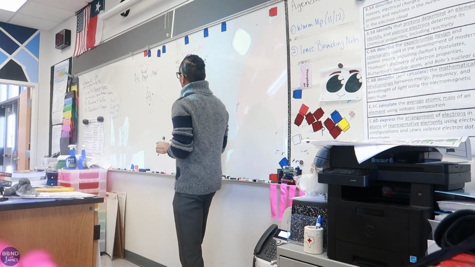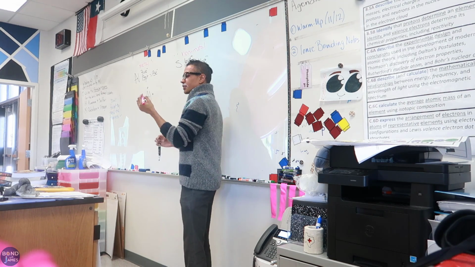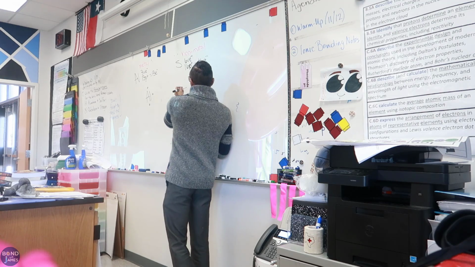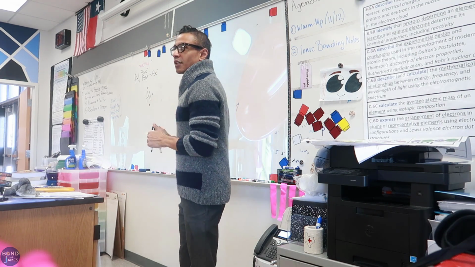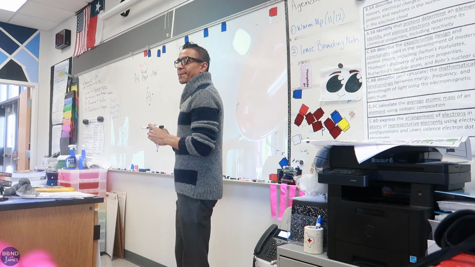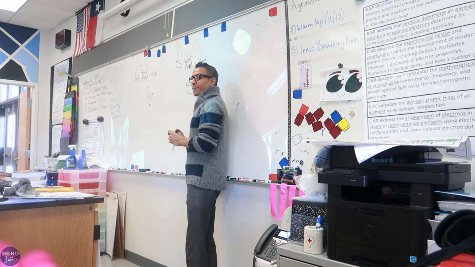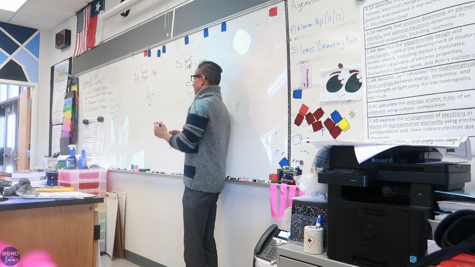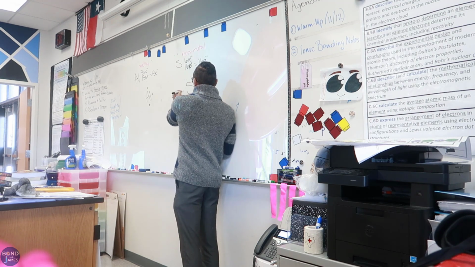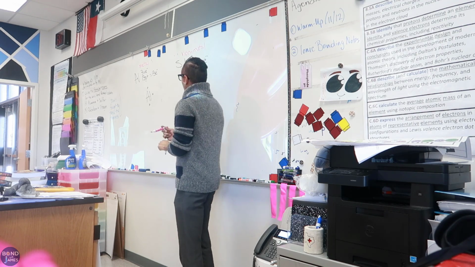Okay, so sulfur. How am I going to represent the valence electrons for sulfur on the Lewis diagram? 5? 6. So 1, 2, 3, 4, 5, 6.